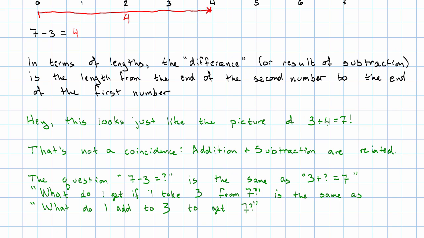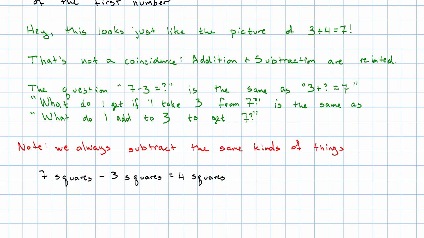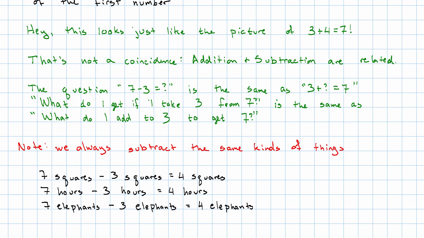Keeping in mind that addition and subtraction consider the same questions, it won't be surprising to learn we always subtract the same kinds of things. 7 squares minus 3 squares equals 4 squares. 7 hours minus 3 hours equals 4 hours. 7 elephants minus 3 elephants equals 4 elephants. And so on.